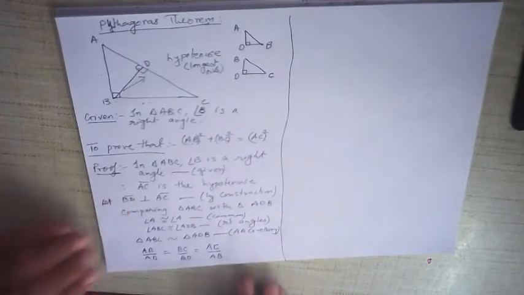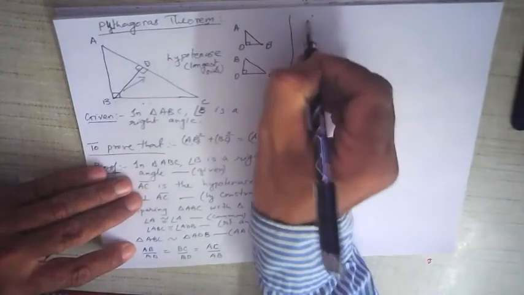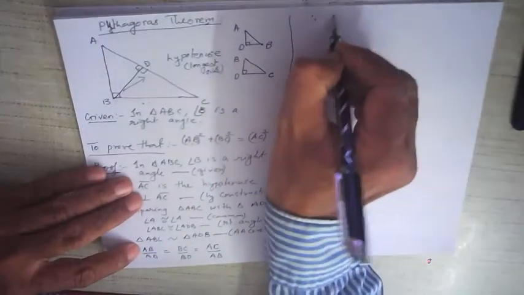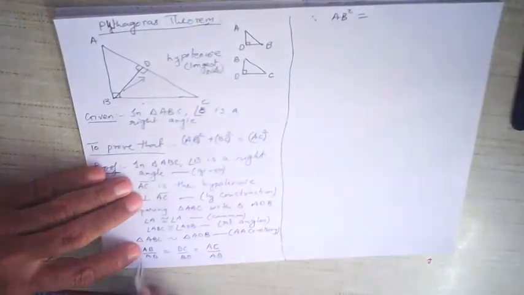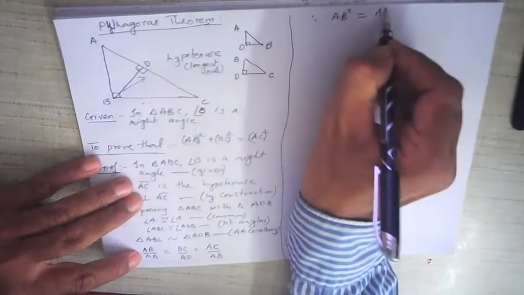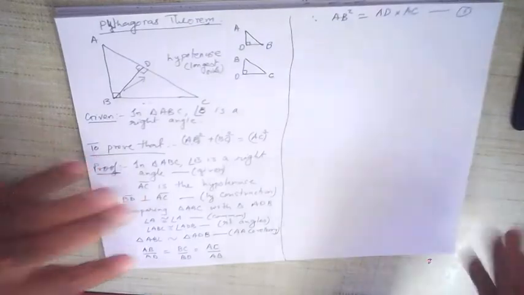Now you can see here the first and the last one. If I take the first one and the last one, AB into AB, AB square, is equal to AD into AC. Let this be result number 1.